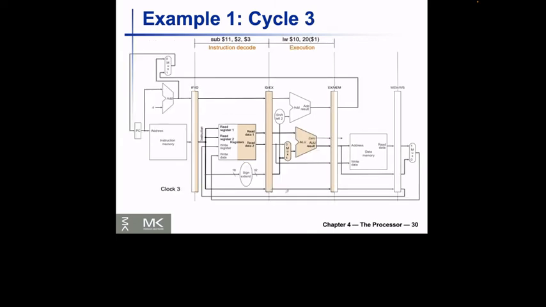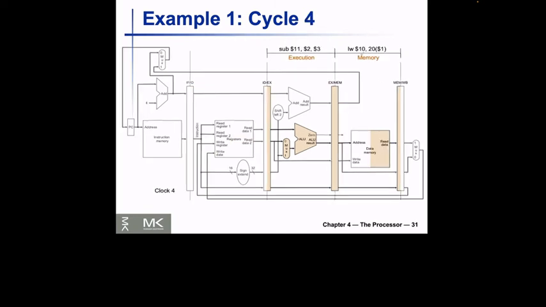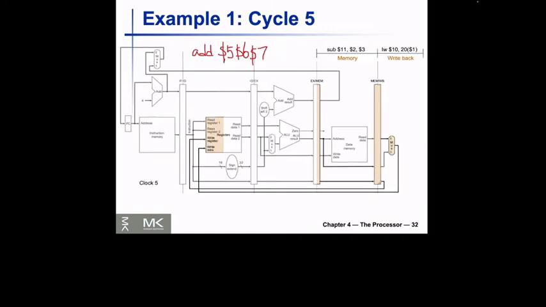And in the next clock cycle, this $10 is also passed to this register. So at the write back stage, this $10 can be passed back to this write register. That's the correct write register.